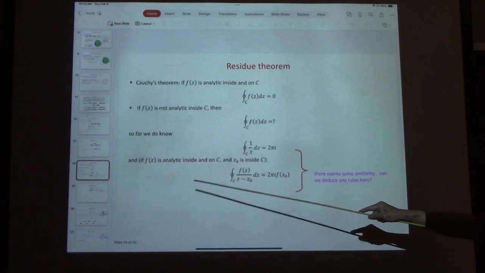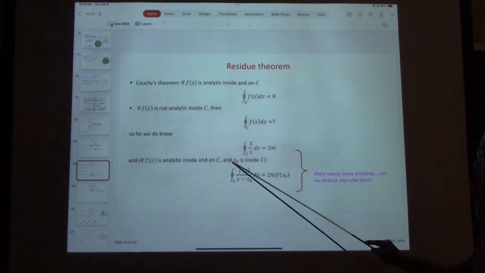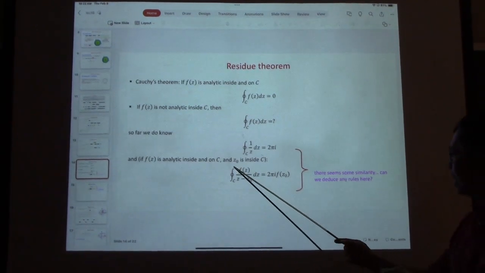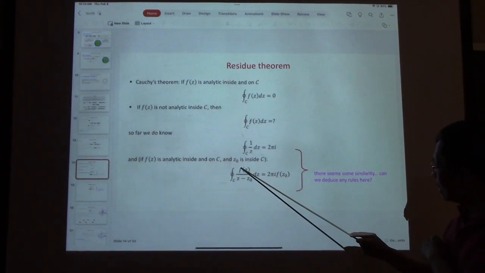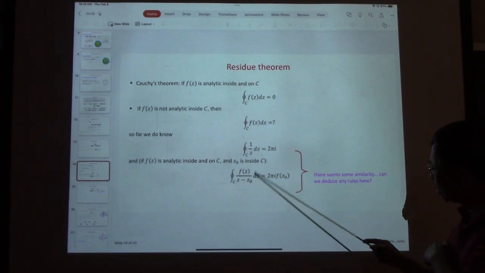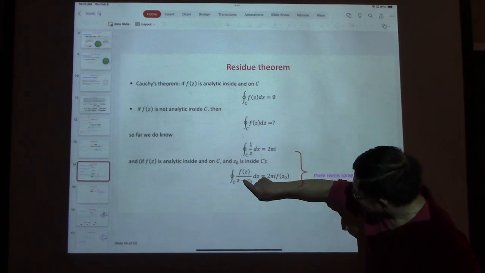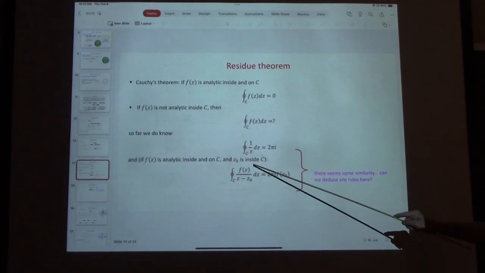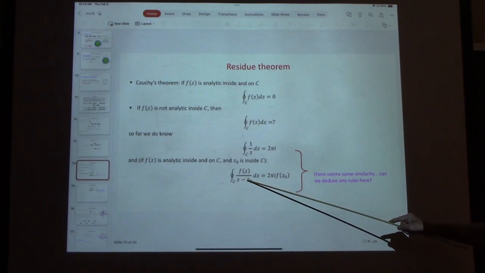And it turns out, if f of z is still analytic, but this function here has z0 inside, you can see this one, this is a simple pole, right? Because it's divided by the zero factor linearly.